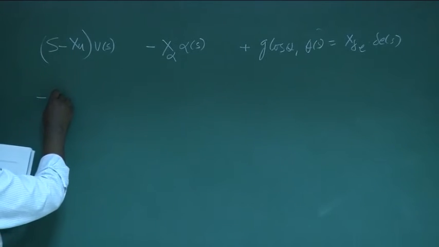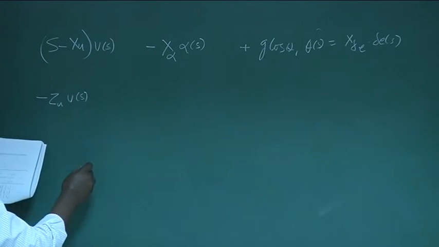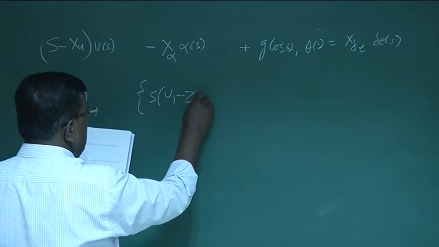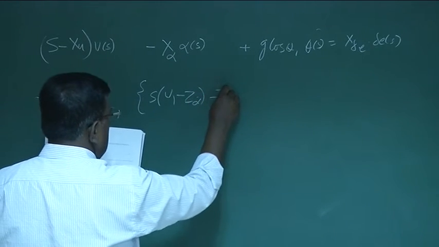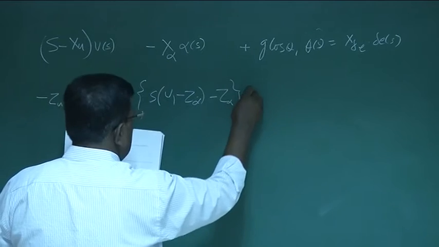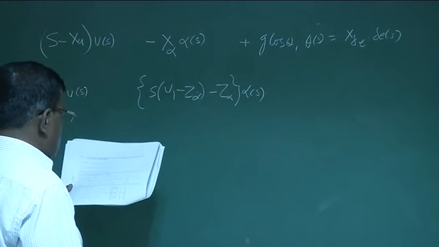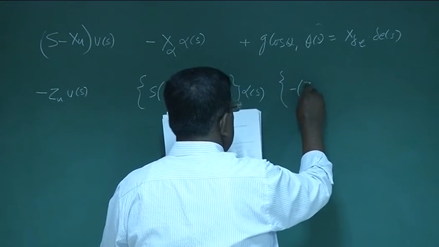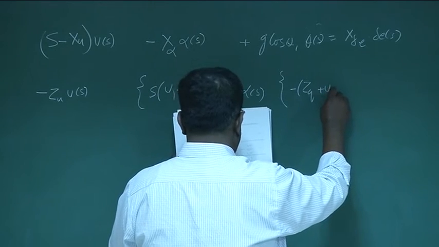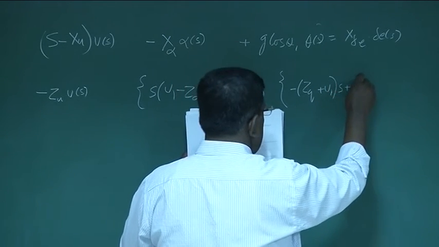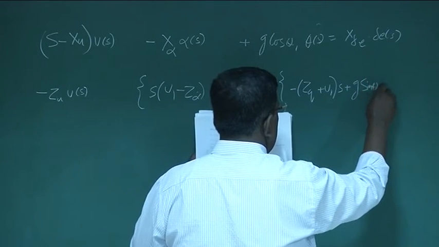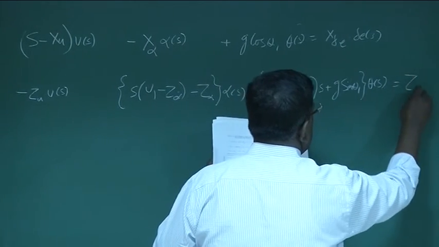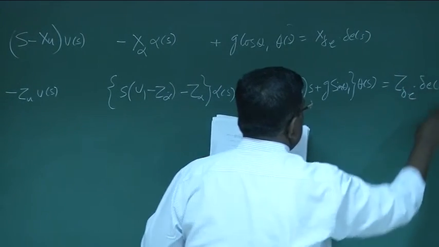The second will be minus zu into u of s, then (s u1 minus z alpha dot minus z alpha) into alpha of s. The third term, another big term, will come: minus (zq plus u1) s plus g sine theta 1, into theta of s, equal to z delta e into delta e of s.